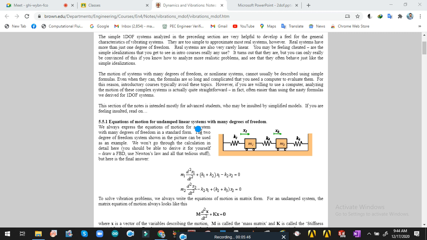If the excitation frequency is approaching the second natural frequency, then the system will vibrate at the second mode shape. If the system is excited at the third natural frequency, then it will try to vibrate at the third mode shape.